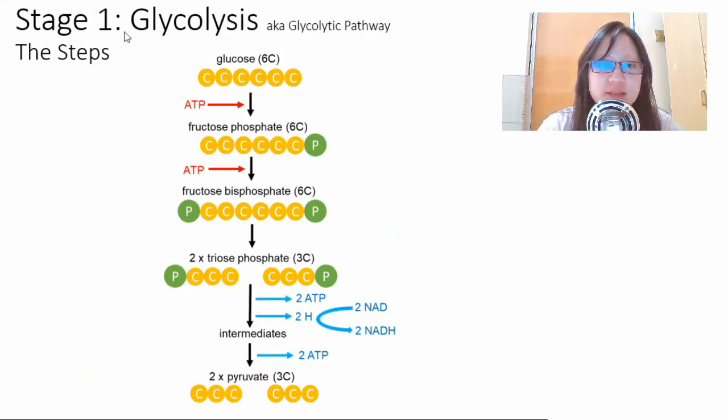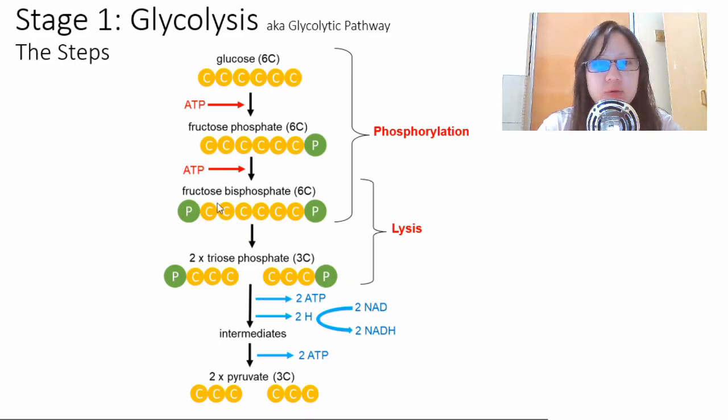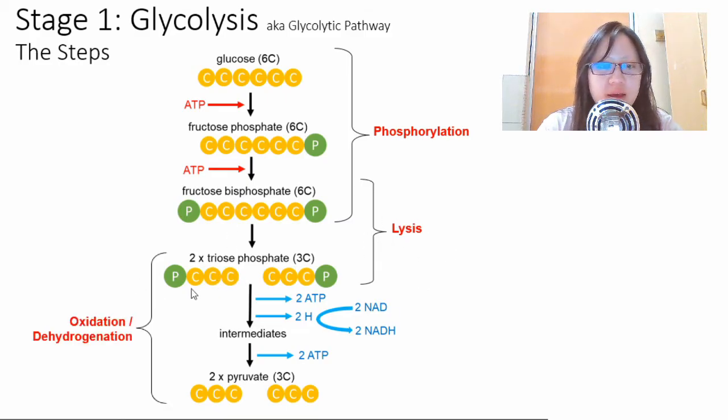So glycolysis, what's going on so far? There is phosphorylation. Okay, phosphorylate here and phosphorylated here, forming fructose bisphosphate, and then it breaks apart. So from this area to this area, there is a lysis reaction, and after that, 2 hydrogen is removed and ATP is formed, and this area here is called oxidation or dehydrogenation.